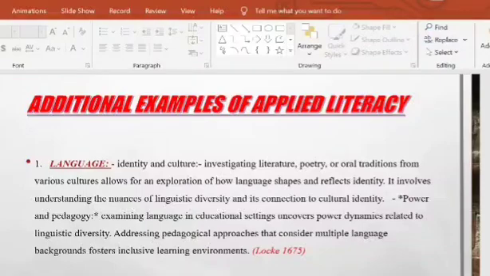Examining language in educational settings uncovers power dynamics related to linguistic diversity. Addressing pedagogic approaches that consider multiple language backgrounds fosters inclusive learning environments.